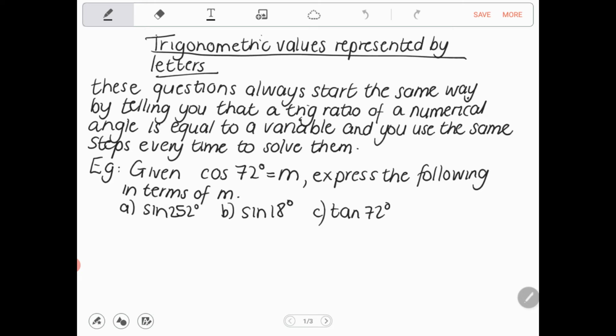Given that cos 72, there we go, there's our numerical trig ratio in terms of a variable. It's equal to m. Express the following in terms of m, and then they've got three things that we want to express in terms of m. So what we need to do first is we're going to draw a sketch.